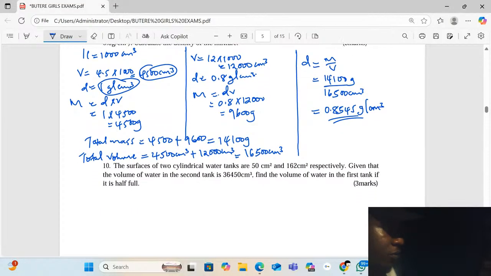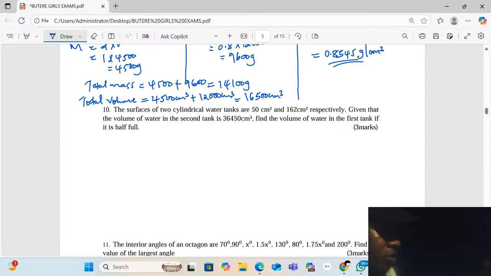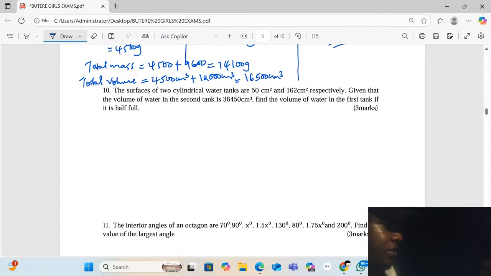Now, we move to question number 10. The surface areas of two cylindrical water tanks are 50 square centimeters and 162 square centimeters respectively. Given that the volume of water in the second tank is 36,450 cubic centimeters, find the volume of water in the first tank if it is half full.